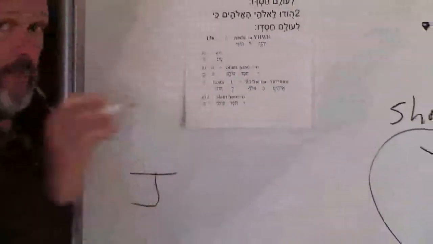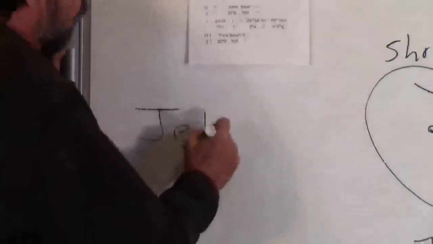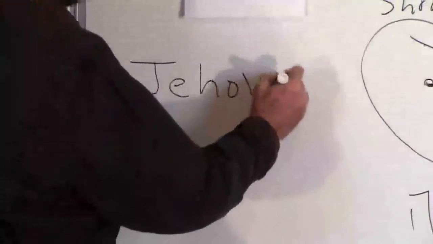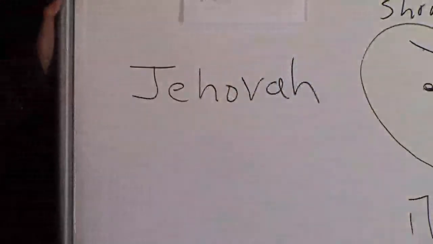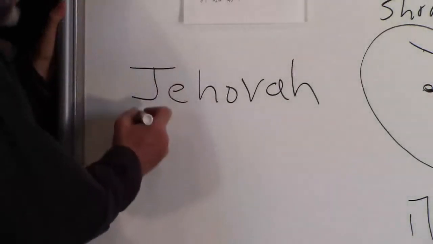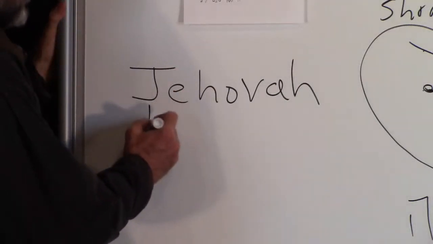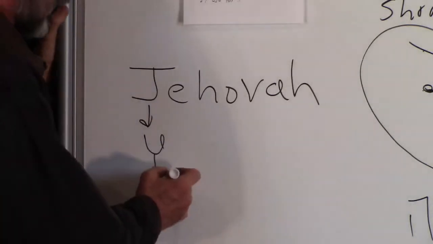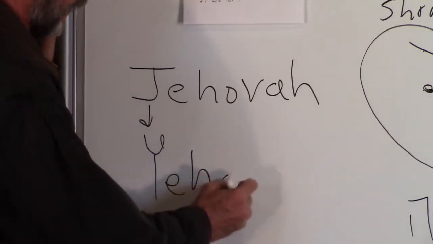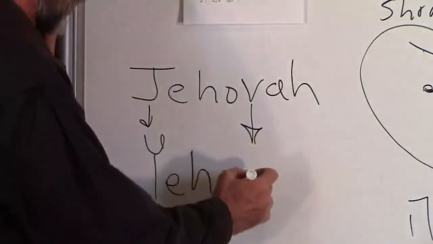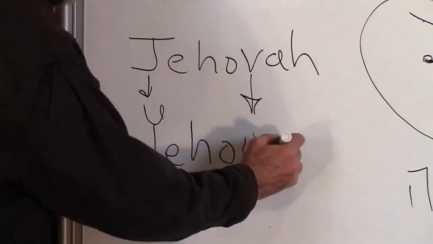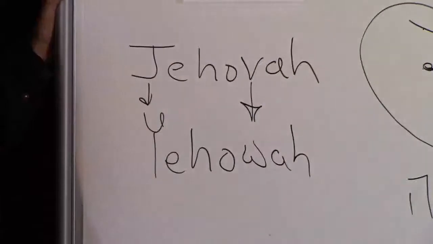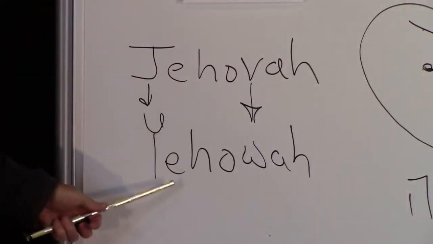So in the Bible, you'll see the name Jehovah. Okay? Remember that? Jehovah. Now, if you just change the J to Y, because we know we don't have a J, and go ahead and go Yeho and change the Vav to Wa, then what you have is Yahweh.